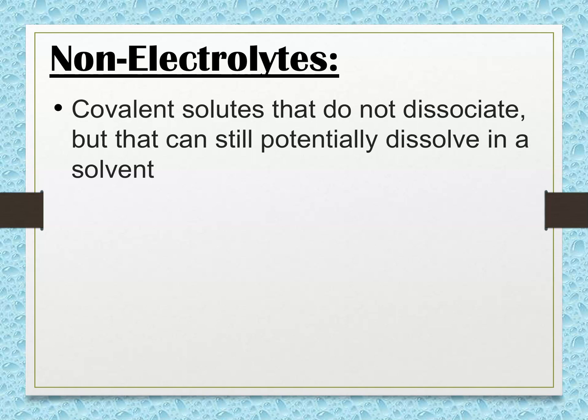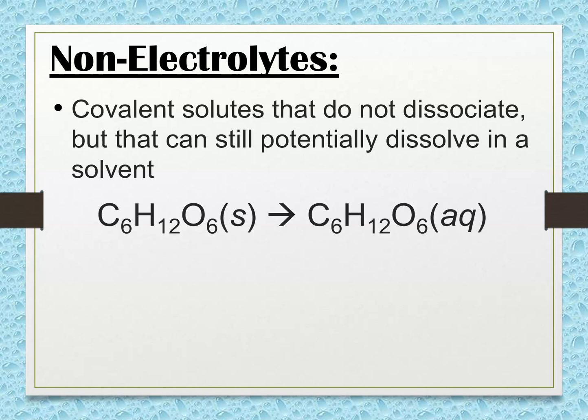Sugar dissolves in water because of hydrogen bonding between sugar and H2O, but it does not dissociate. It dissolves but does not dissociate. Therefore, it cannot conduct electricity. Here's glucose as a solid becoming glucose as aqueous. You don't have two different ions. Nothing is charged. Questions? Alrighty then.